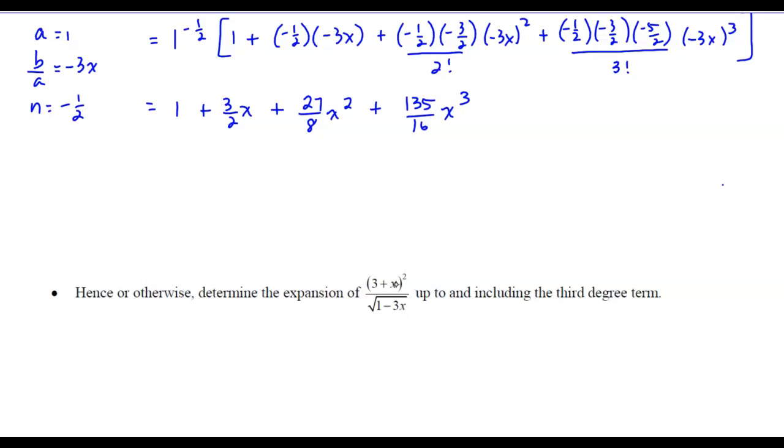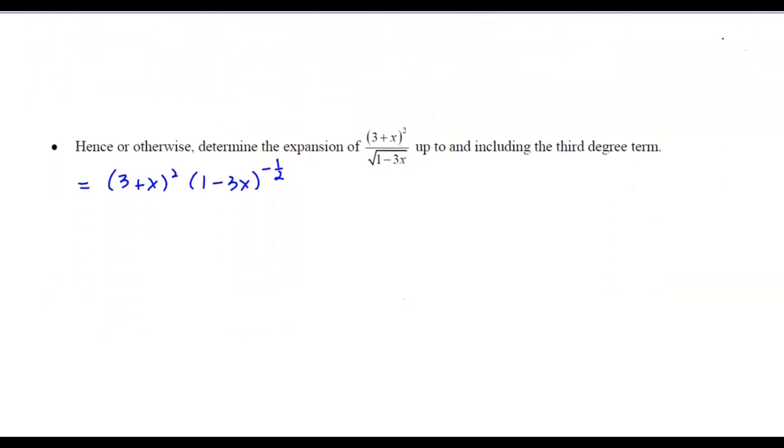If we expand that out, it is the polynomial. It's not even an approximation. So we could show this as 3 plus x squared times 1 minus 3x to the -1/2. Well, we've already found the polynomial that approximates 1 minus 3x to the -1/2. So let's multiply those together, right?